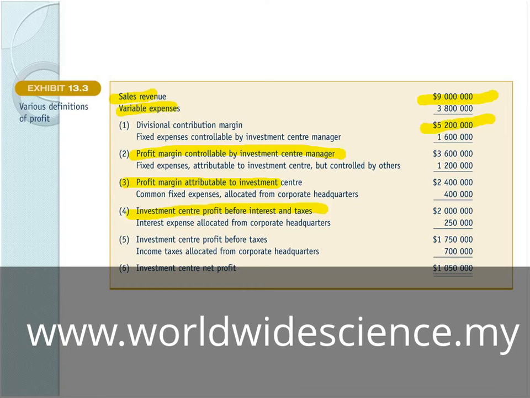The fifth is the investment center profit before taxes. Then we deduct our taxes, which is 700,000, and after that we can get our investment center net profit. This is the net profit after all expenses, which includes the depreciation, the taxes, the interest, and all variable expenses too. So I think that box is clear, right?